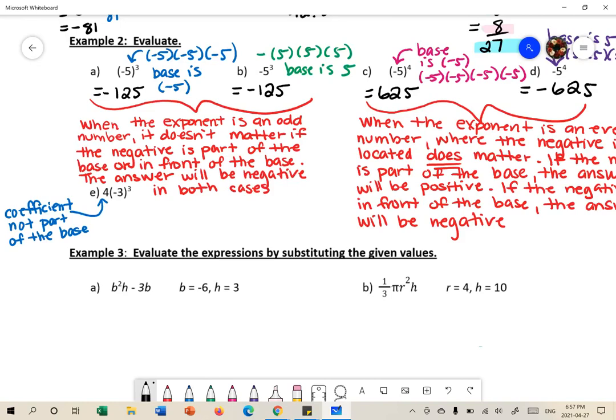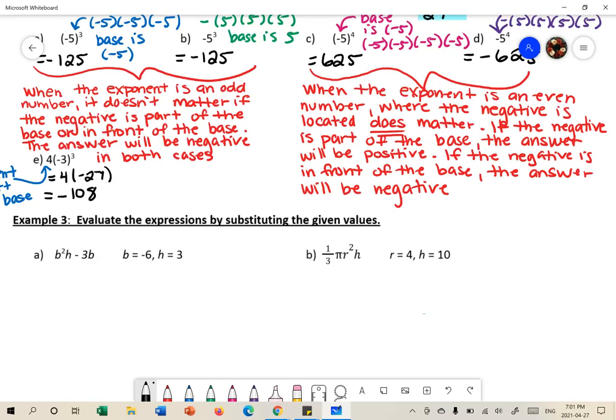Following our BEDMAS rules, I'm going to simplify my exponents first. So my first line, I'm going to leave the coefficient as is, and I'm going to multiply -3 times itself 3 times. So -3 to the power of 3 is -27. And then my next line, I will multiply that by the coefficient 4.